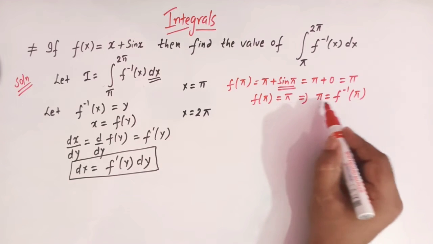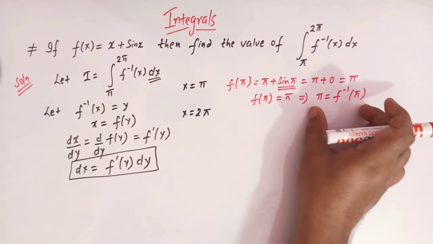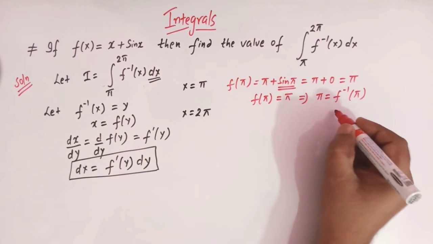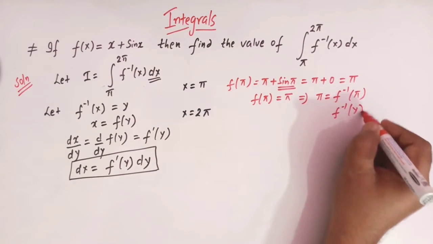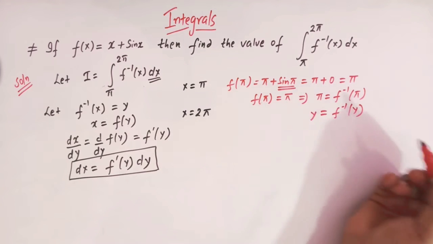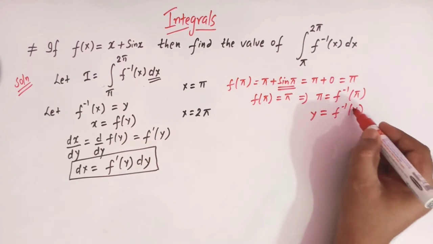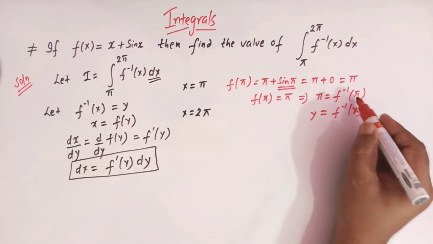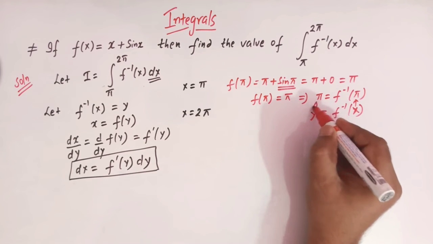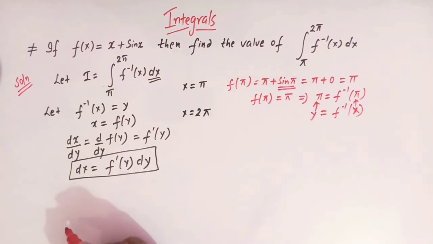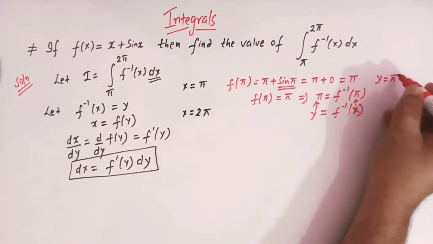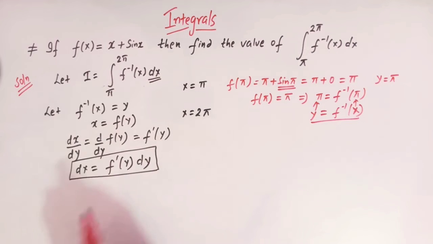Then if we compare this expression with x is equal to f of y, we see that x is equal to pi and y is equal to pi. So when x is equal to pi, then obviously y is equal to pi.